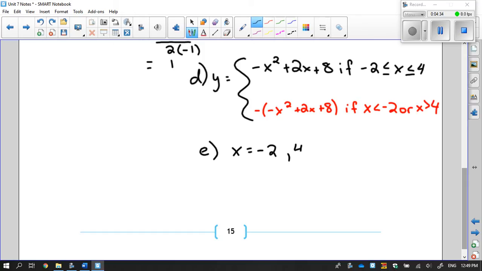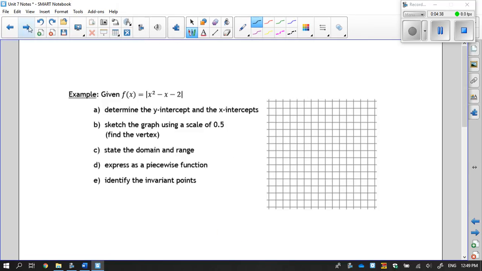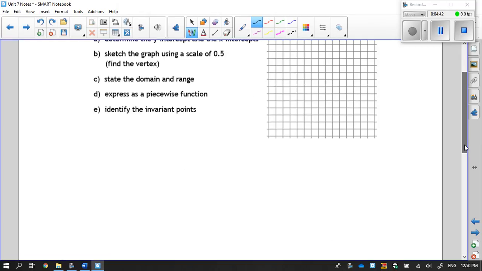Okay, next one. X squared minus x minus 2. So let's do our graphing stuff. So our y-intercept, y is equal to negative 2.